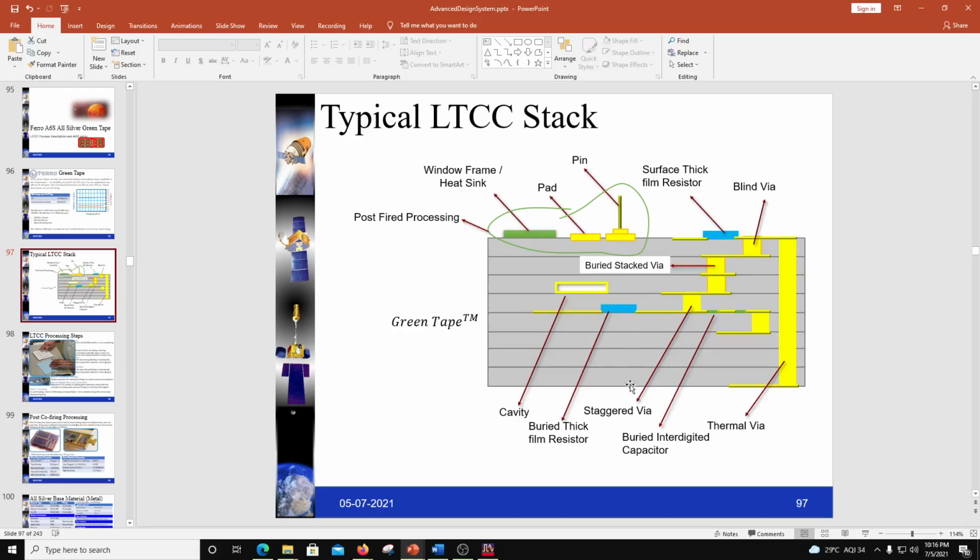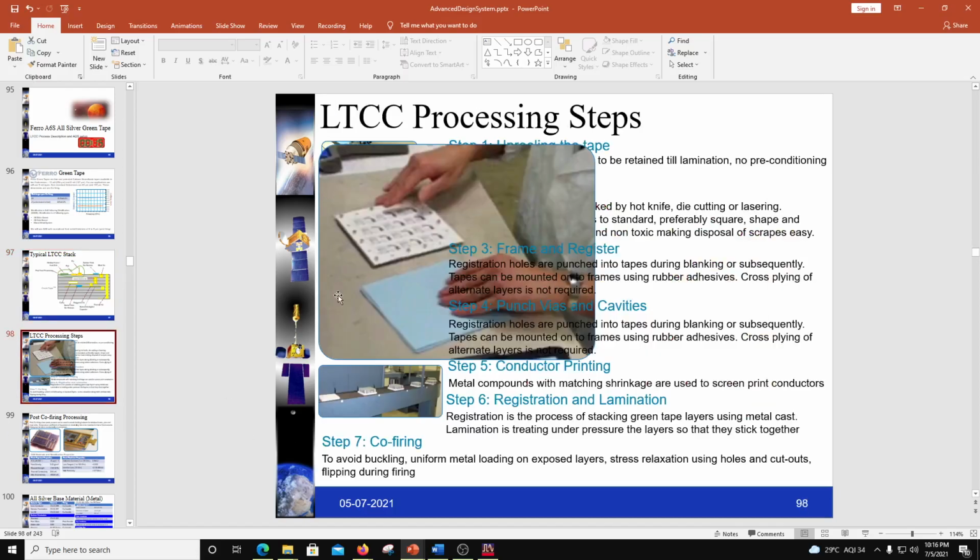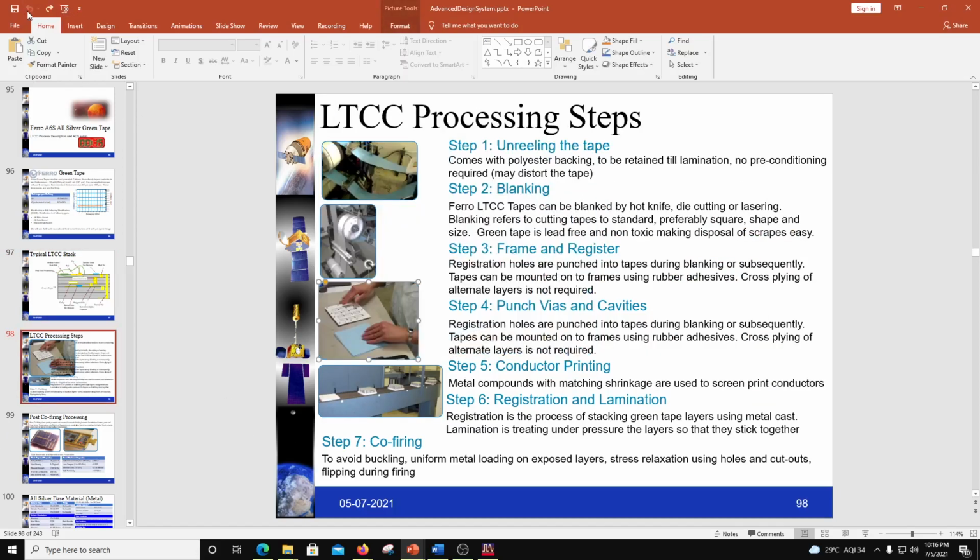In that you can also form cavities, like if you want to do resonant structures. You can also do resistive material here to make resistances, and you can make inductors and capacitors. This kind of stuff you can do with LTCC.